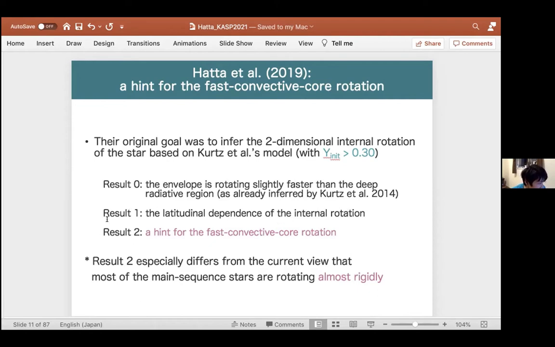Actually, the final result is very interesting. They found a hint for fast convective core rotation. This is interesting because this result especially differs from the current view, as I said, that most of the main sequence stars are rotating almost rigidly. So if this is confirmed, this is a very interesting result.